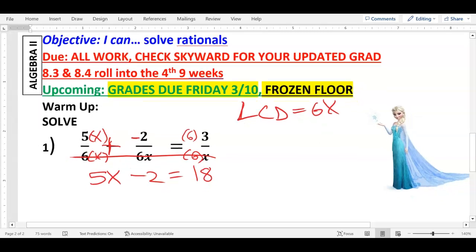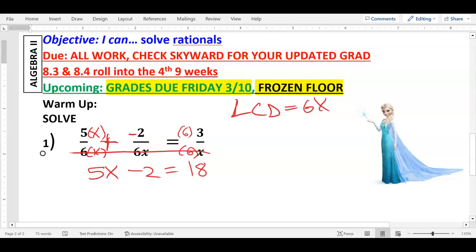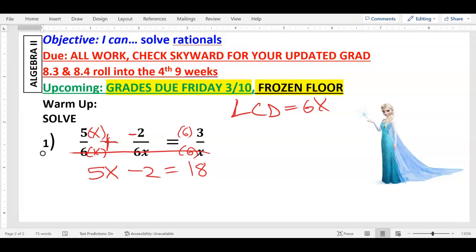Okay. Now from here, can you solve a 2-step equation? If you're solving for x, what do I get rid of first? The minus 2. You said 5 first. So how do I get rid of a minus 2? Plus 2, plus 2, both sides. What's 18 plus 2?